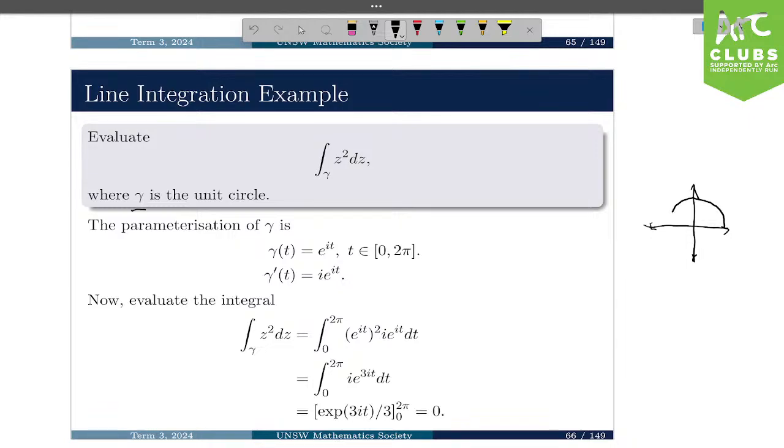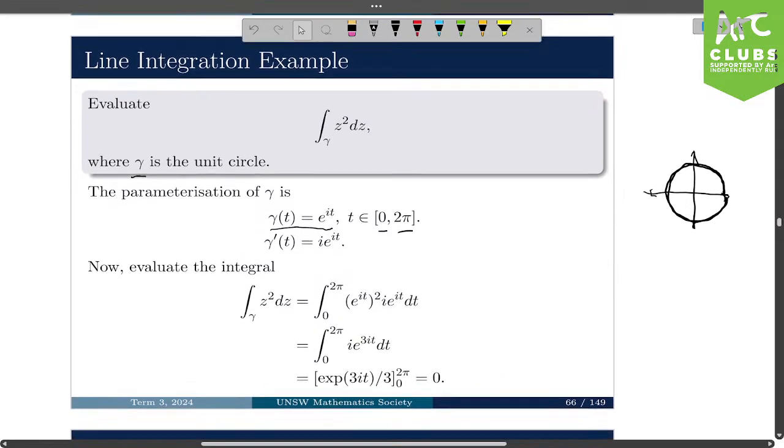And the unit circle means we're traversing it once. So a parameterization that we could choose for this curve is gamma of t equaling e to the it, where t goes from 0 to 2 pi. So you would start here and it would traverse around and complete one full rotation.